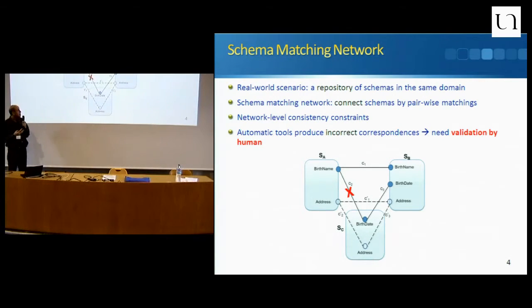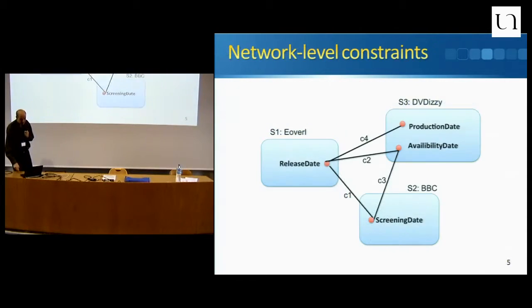But companies and other settings where we have a network of schemas want to have some constraints on the network. So one natural constraint is what I explain in the next slide.